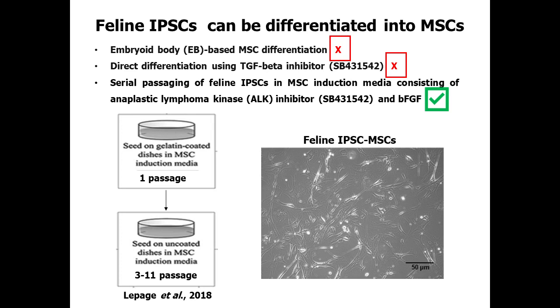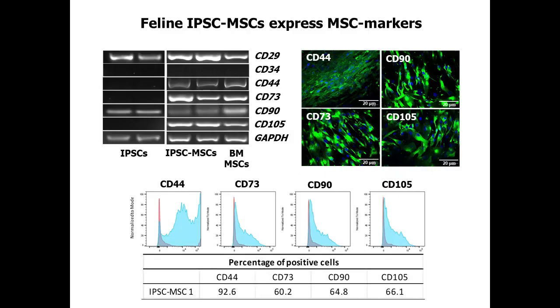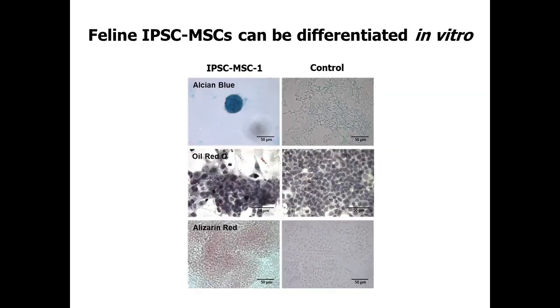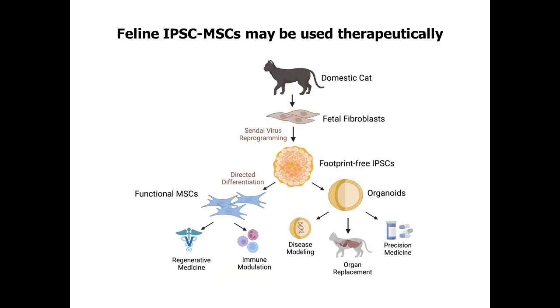On characterization of these MSCs, we could see the expression of MSC-specific surface markers, CD29 and all the other accepted MSC-specific markers, at both the transcriptional and translational level. They were also differentiated into fat, bone, and cartilage in vitro. This is where I am with respect to this experiment.